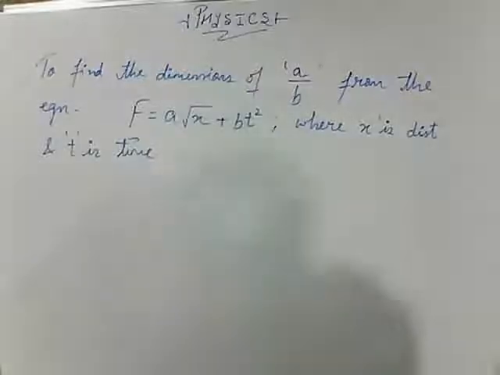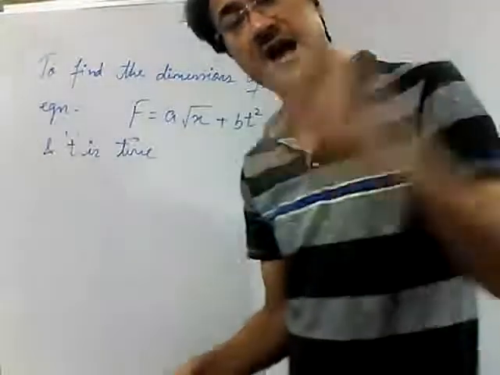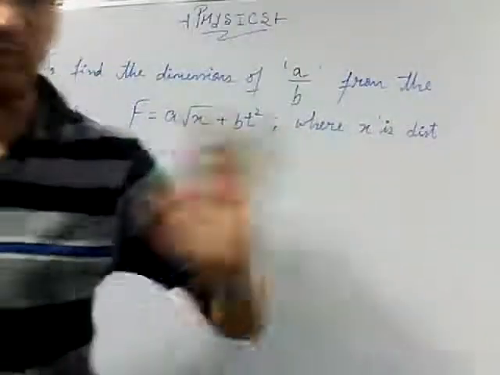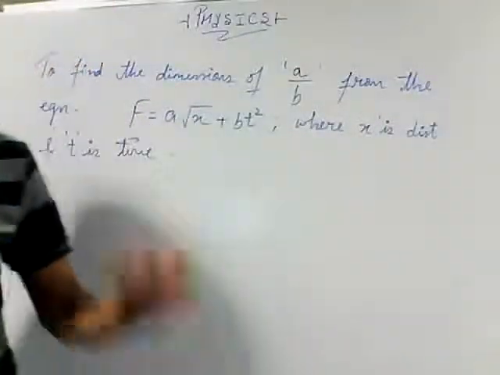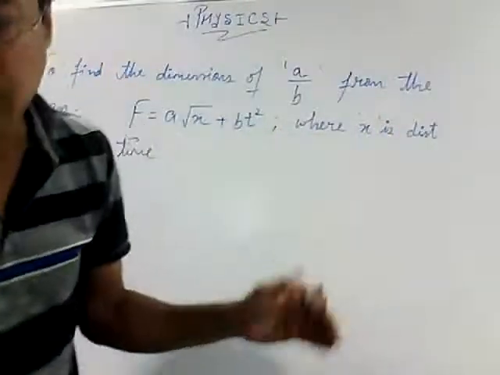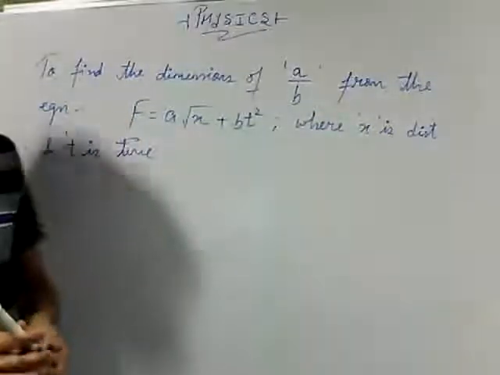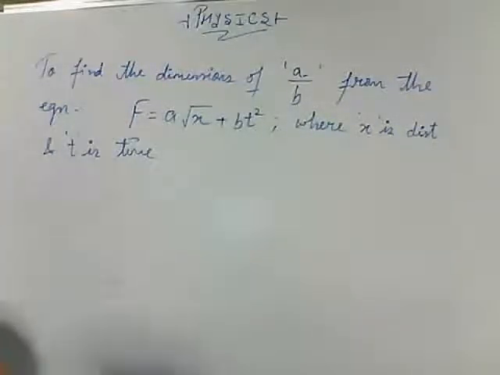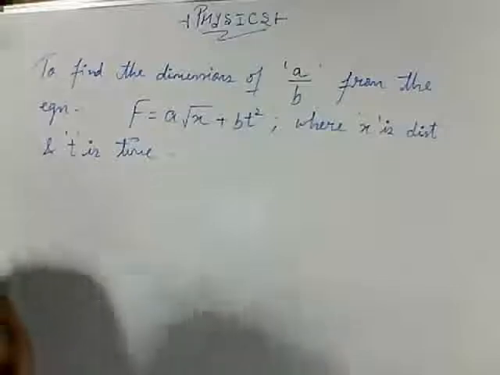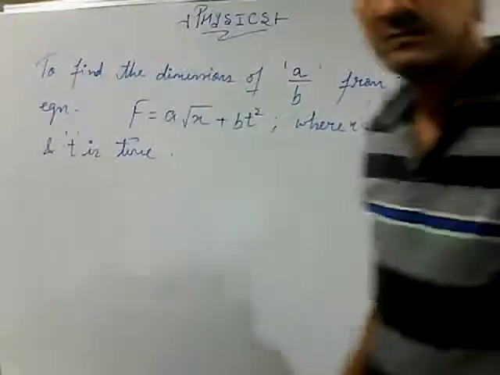Here you don't need to find the dimension of A or B, you need to find the dimension of A by B. Okay, see, the process is going to remain the same. We are not going to see anything new. You find the dimensions of A divided by B. Chalo, hurry up. Please be quick.